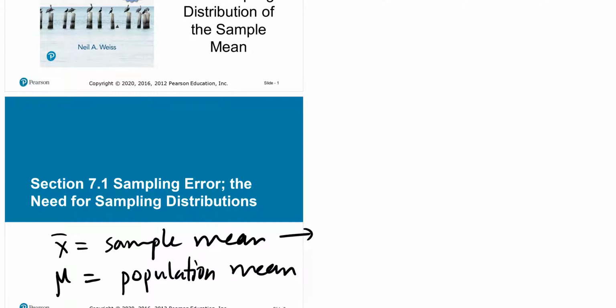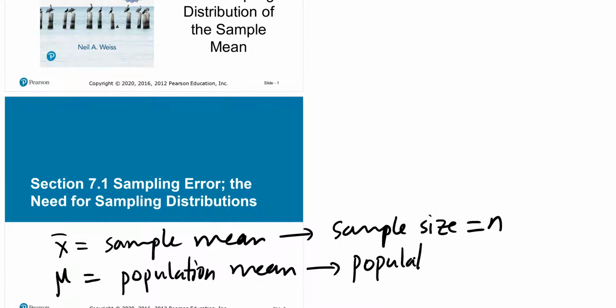For the sample size, we always use a small n. The population size is capital N. That's important to recall because we're going to be using this.